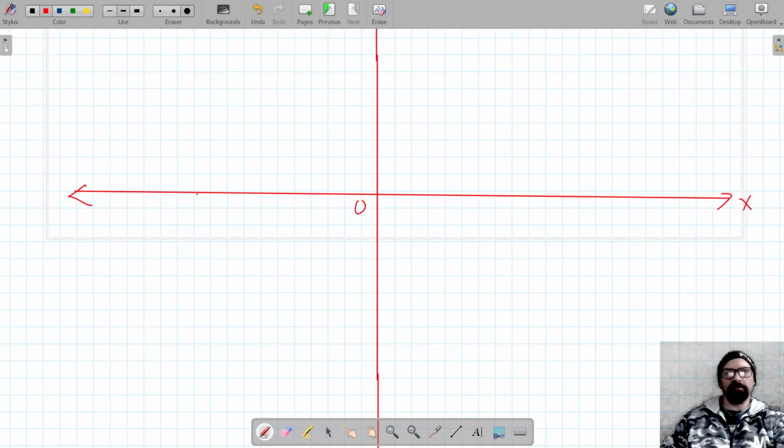Let this be the origin. These be the coordinates 1, 2, 3, 4, and 5. And these be -1, -2, -3, -4, -5.